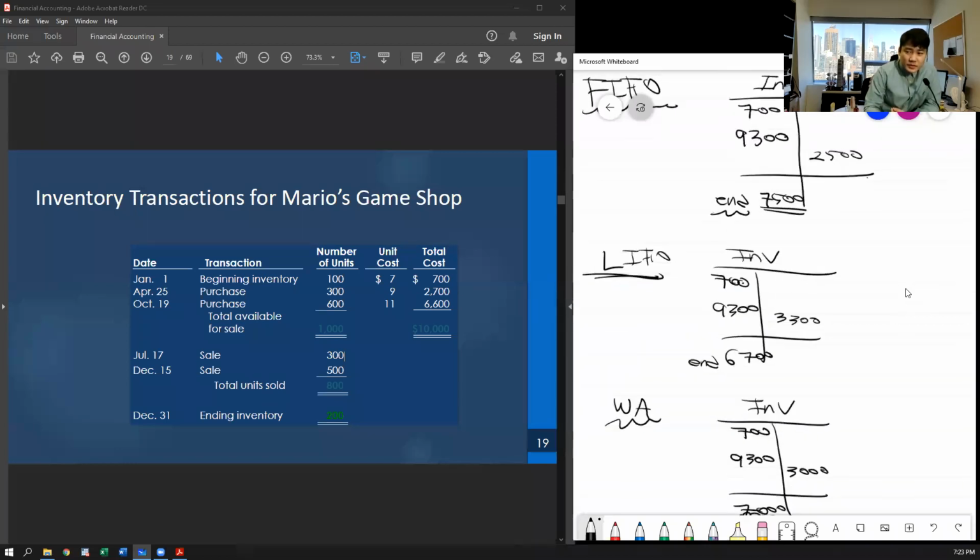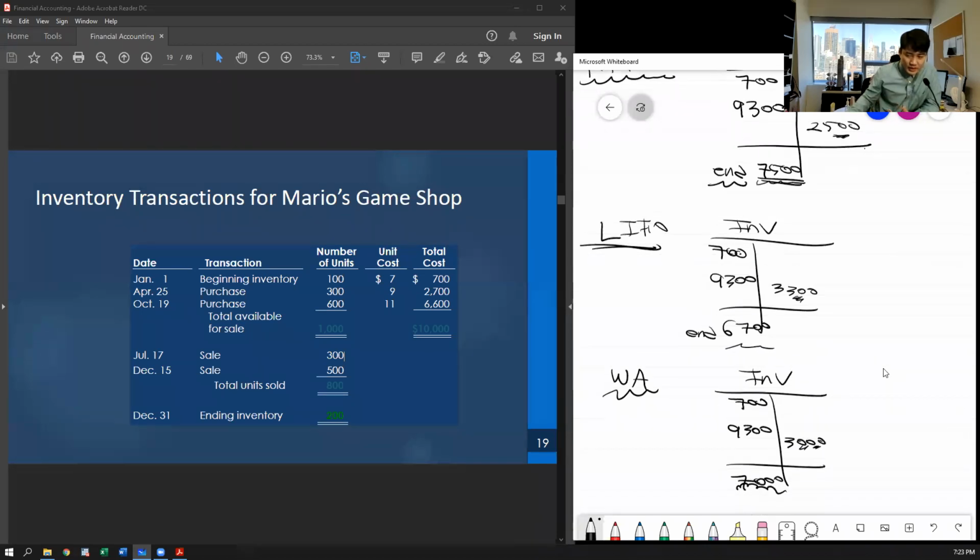Okay. So depending on which method the company adopts, your cost of goods sold will differ, as you can see right here. And naturally, if your cost of goods sold will differ, your ending balance will also change according to the amount of cost of goods sold that you are reporting. Okay.